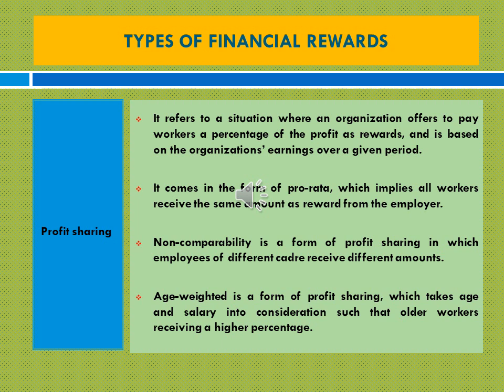Then the other type is called age-weighted. Age-weighted is a profit sharing scheme which takes account of one's age, so that older workers are normally given a higher share of the profit that has been designated for sharing among workers.